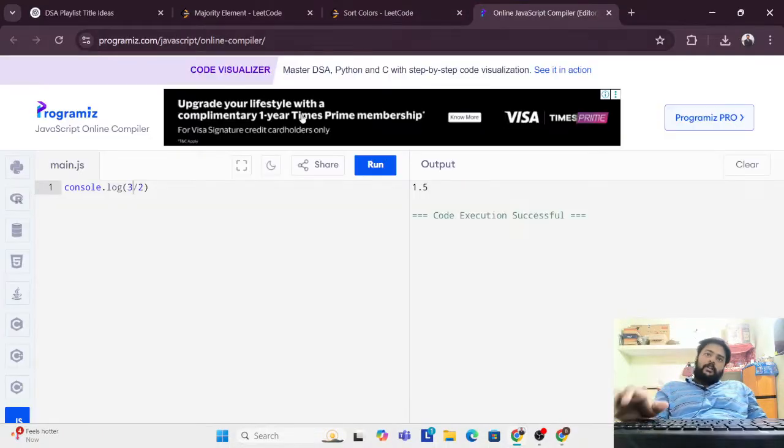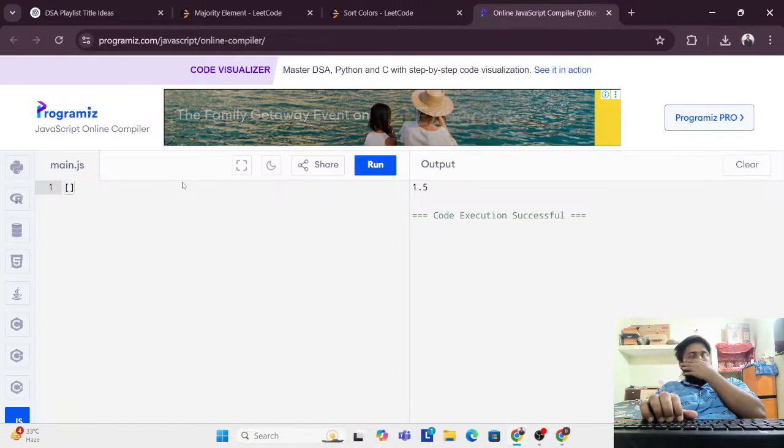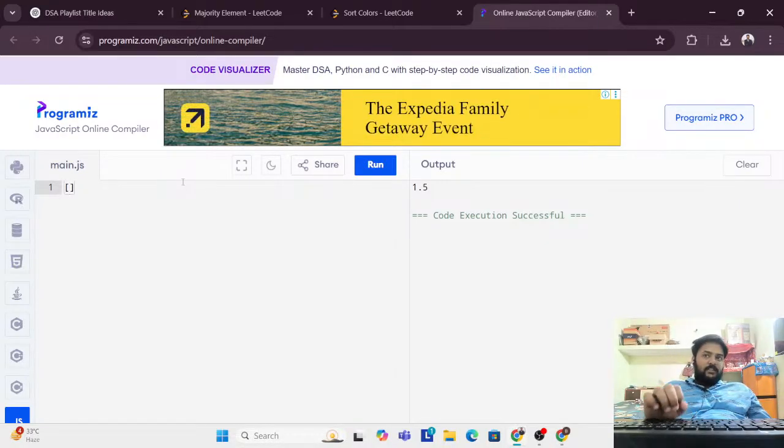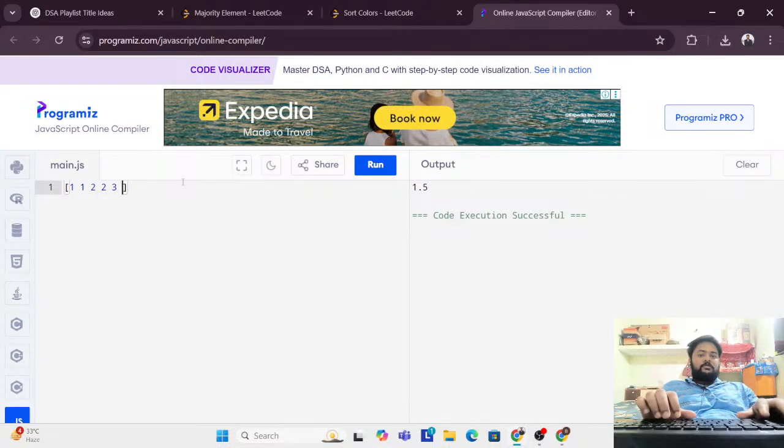We also have to care about this case. Let's say the length of the array is maybe 5, with elements 1 2 2 3 3. If you see over here, there is no majority element which is greater than n by 2.